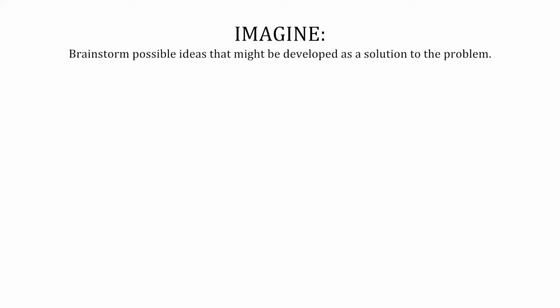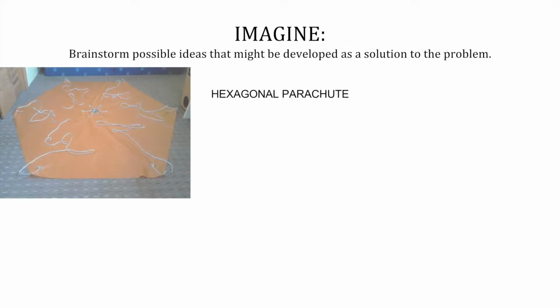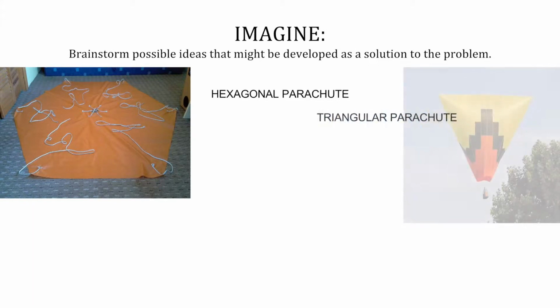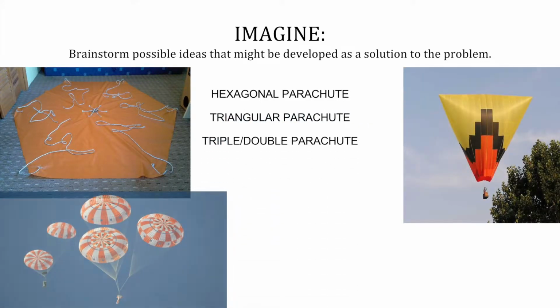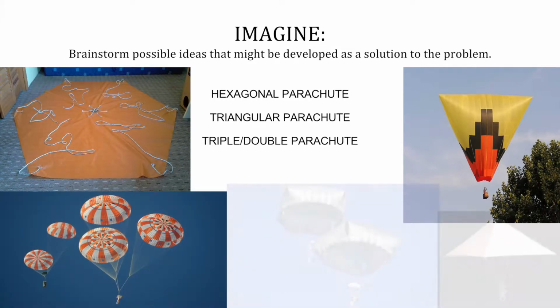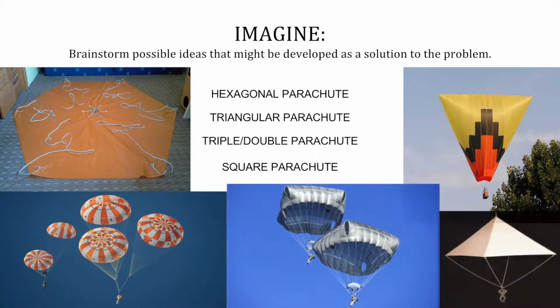The next step in the EDP is to imagine, for which I discovered potential designs for my inspiration while taking in consideration the restriction that the decelerator could not be circular. A few designs that caught my eye are a hexagonal parachute, a triangular parachute, a triple-double parachute, and a square parachute.